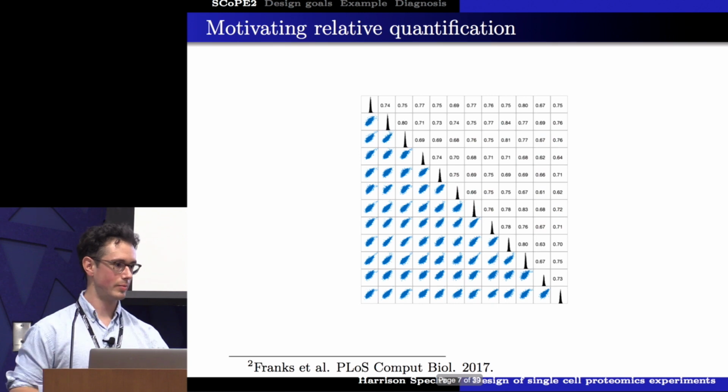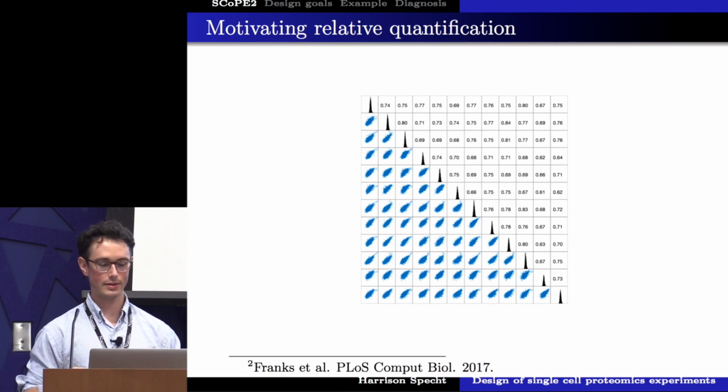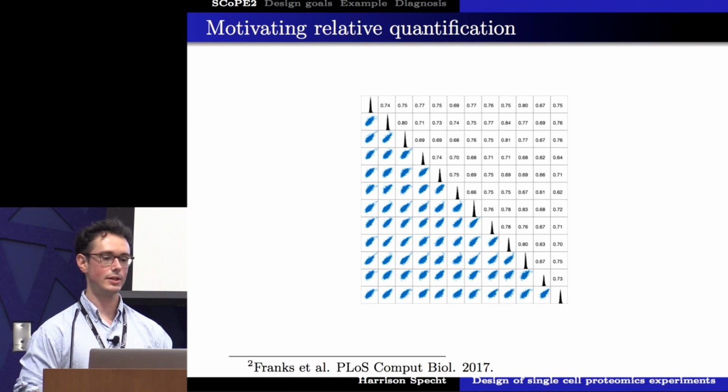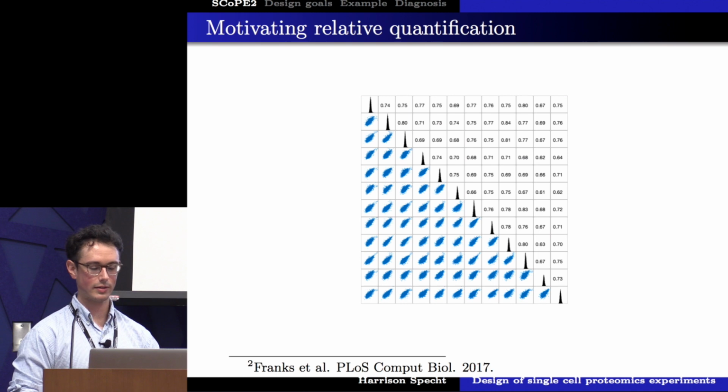So how should we make our carrier channel? Here I'm showing 11 different proteomes from 11 different tissues of the human body, and basically correlating the quantified proteins that we can see in these different tissues. And we can see that they correlate pretty well, indicating that over the dynamic range of the proteomes in these tissues, they're pretty similar to one another.